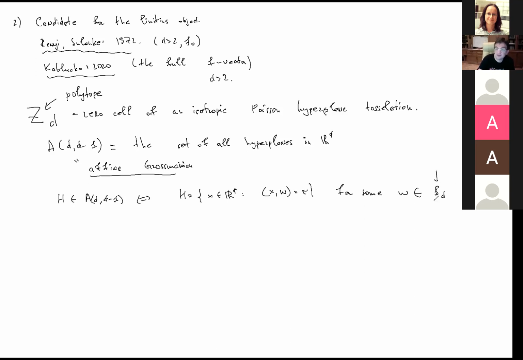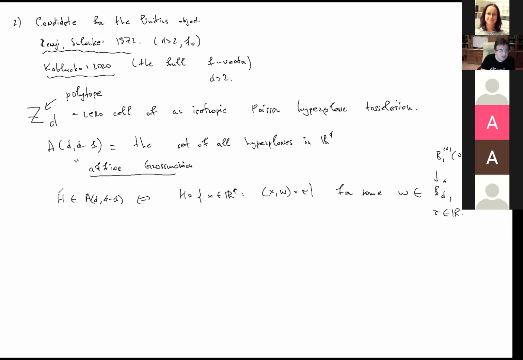This is a sphere in d-dimensional space. The unit sphere in d-dimensional space, or we also denote it by this. It's the same. And tau is a real number. So of course, every hyperplane has two representations of this form, corresponding to (omega, tau) and (minus omega, minus tau), right? So if we want this representation to be unique, we must consider only tau non-negative and arbitrary omega.